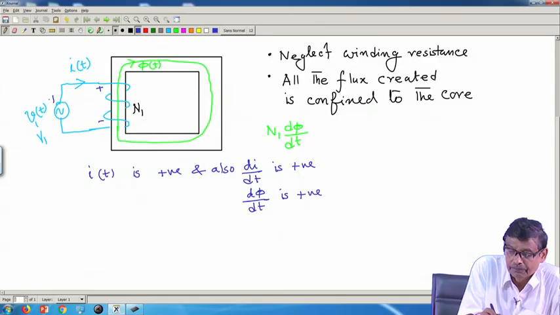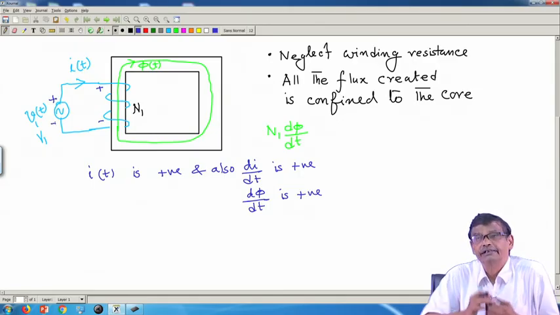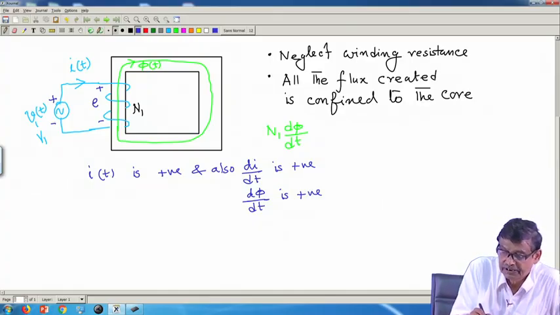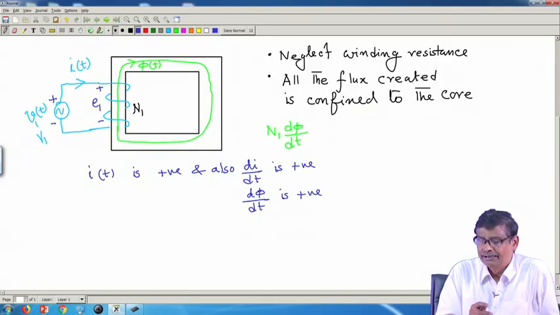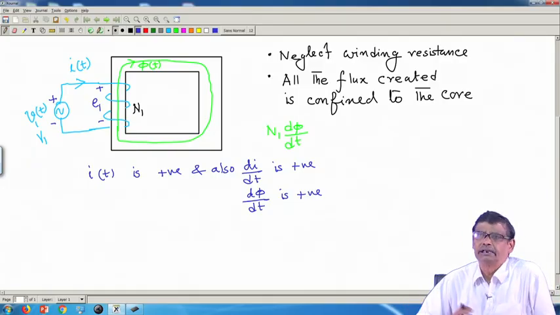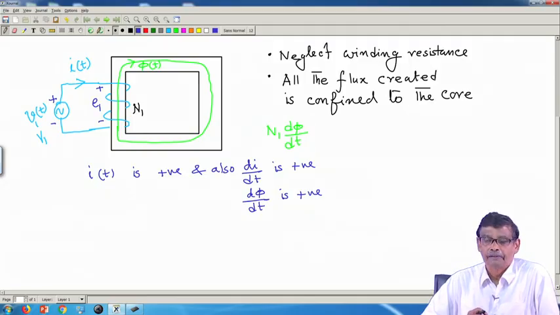Mind you, I have assumed the supply voltage like this. So, a single coil excited by AC will have some induced voltage here, E1, and without writing any equations I can tell the instantaneous value of this induced voltage.